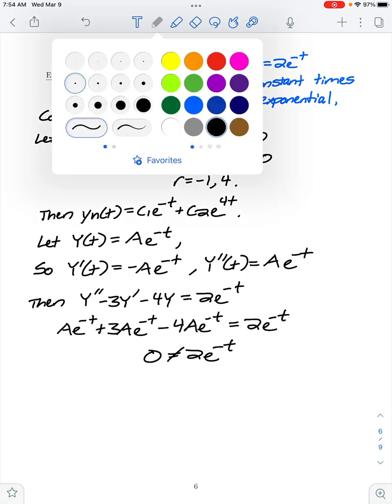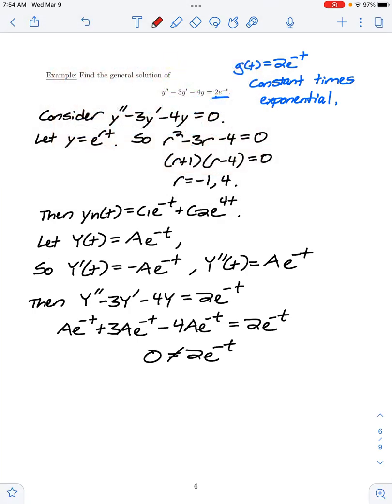And the problem here, if we go back and look at this, is that our particular solution was a constant multiple of e to the negative t. However, a constant multiple of e to the negative t was a solution of the homogeneous equation.